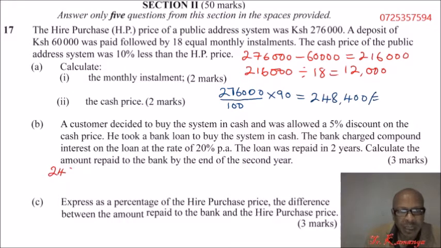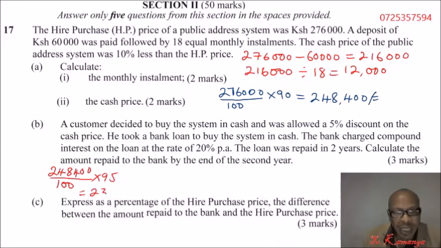So it is 248,400, you divide by 100 and multiply by 95. If you use your calculator, you'll get 235,980. So after being allowed the 5% discount, this is what the customer was to pay, and therefore this is what the customer took from the bank.